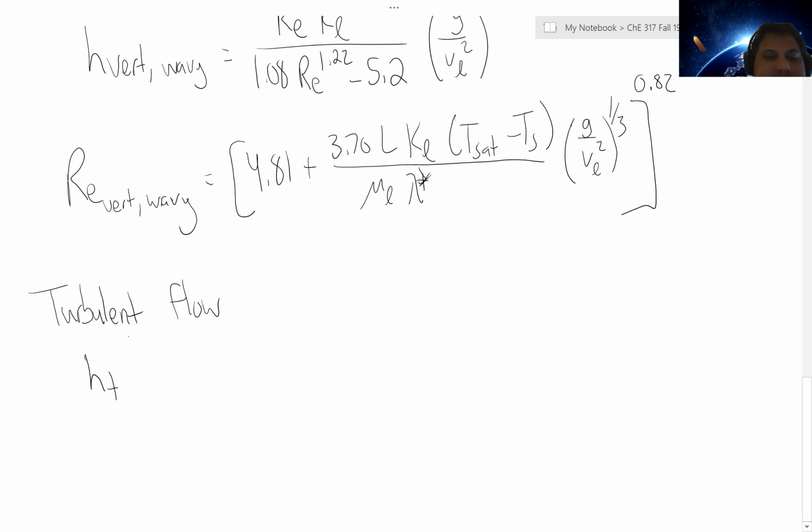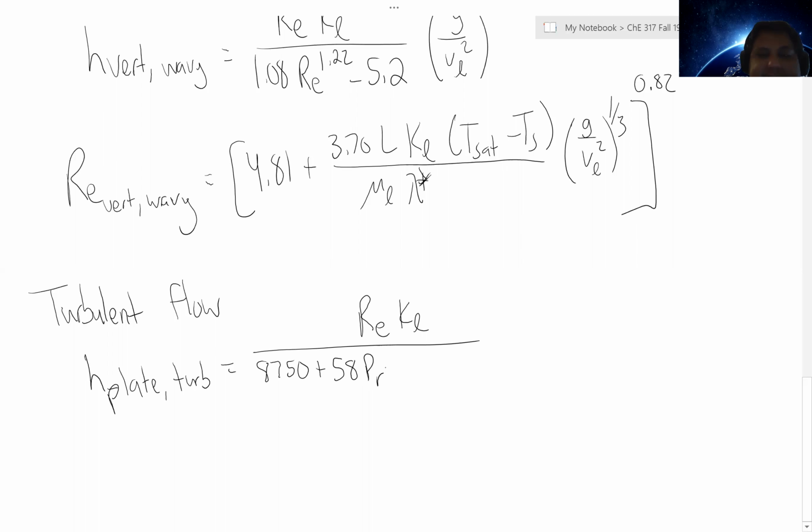H turbulent for a plate is going to be Reynolds number times thermal conductivity of a liquid divided by 8,750 plus 58 times the Prandtl number to the negative 0.5 times the quantity Reynolds number to the 0.75 minus 253 times gravity over kinematic viscosity of the liquid squared to the 1/3.